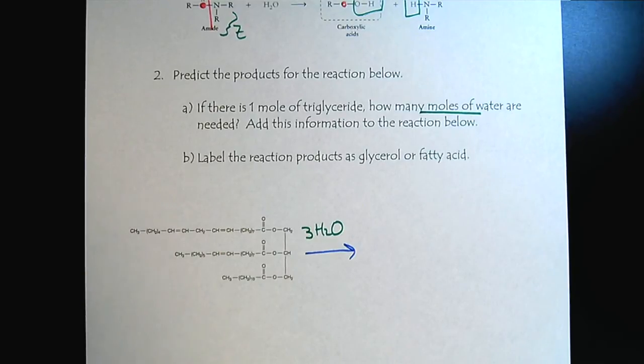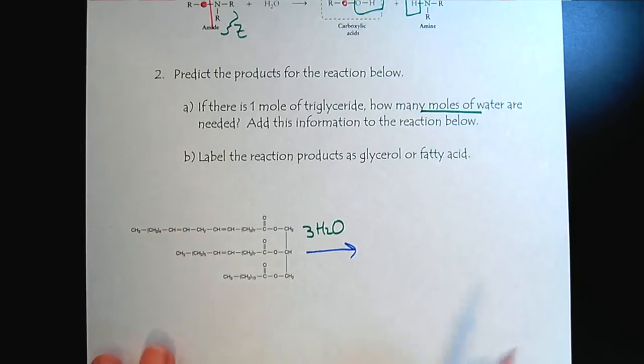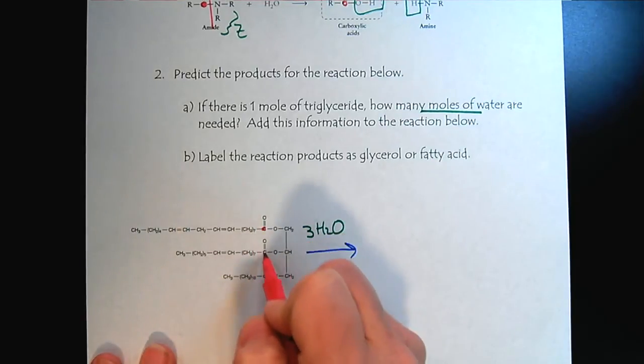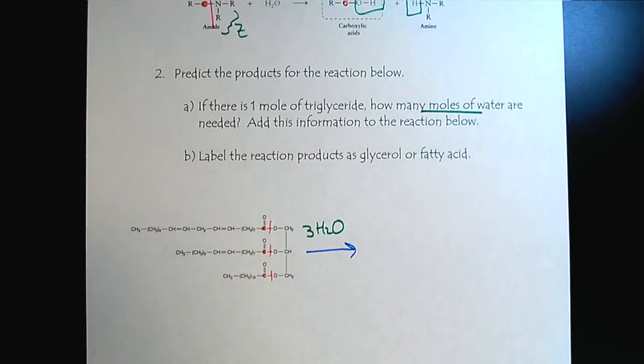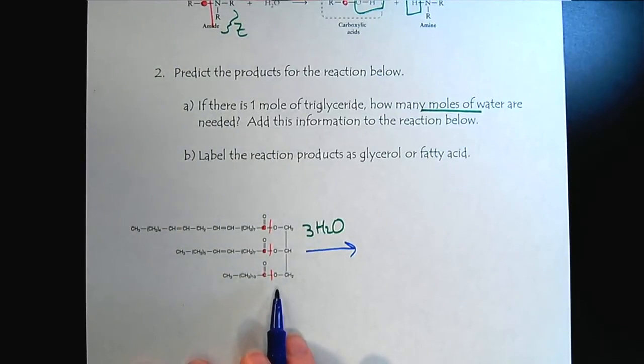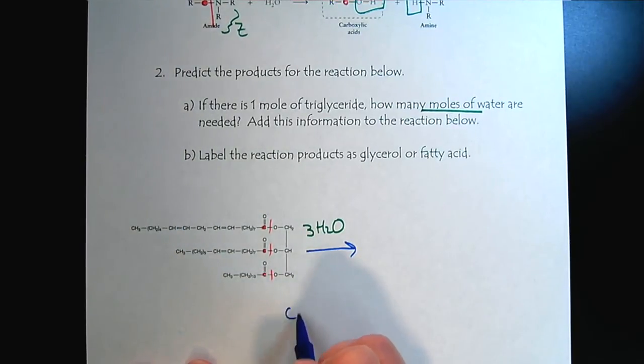So now let's go ahead and predict the products, right? So to predict the products, we are going to focus on our carbonyl carbons, recognizing where to hydrolyze. Now there's not a lot of room here, so I'm going to show, right, there's the glycerin backbone. We'll just show that right here.